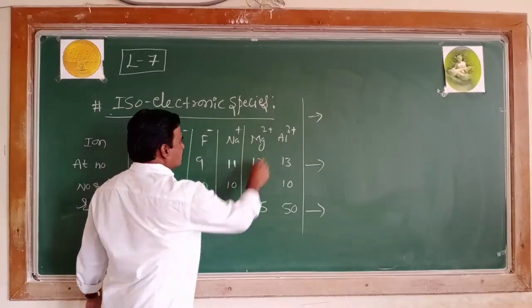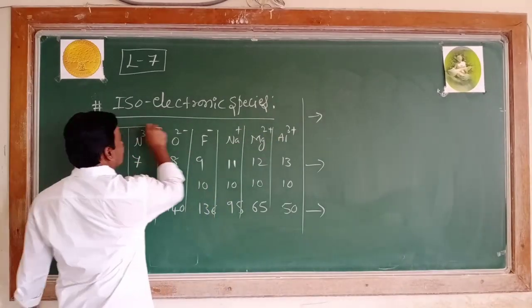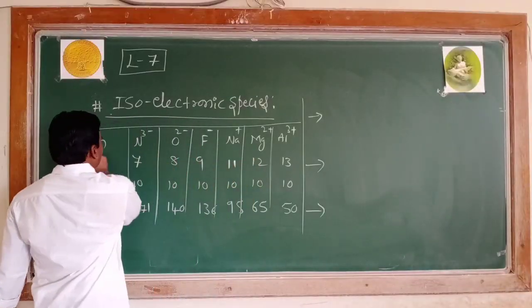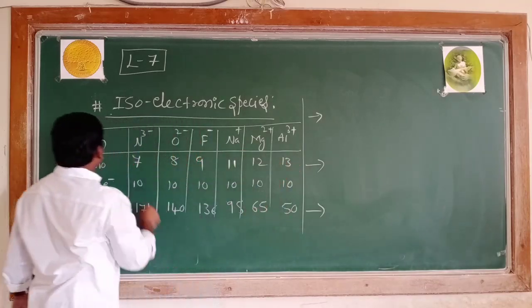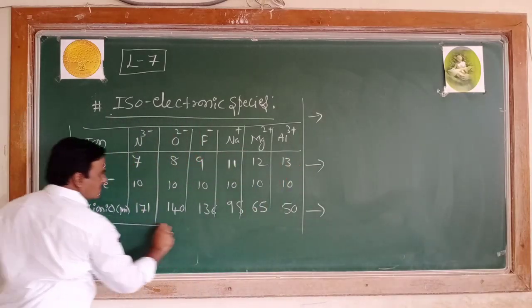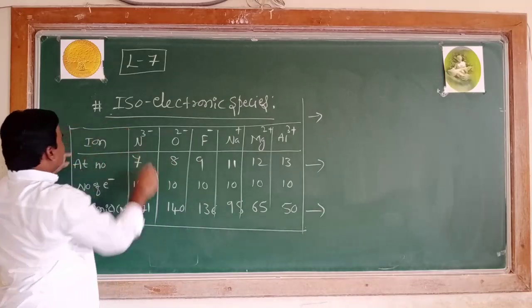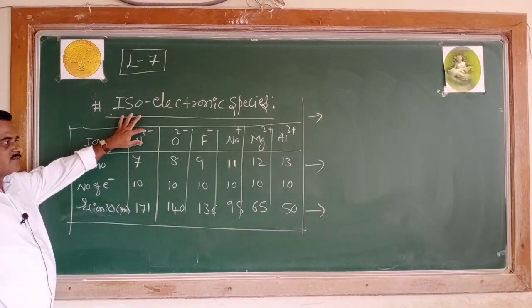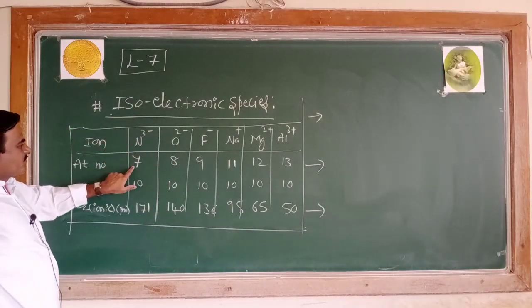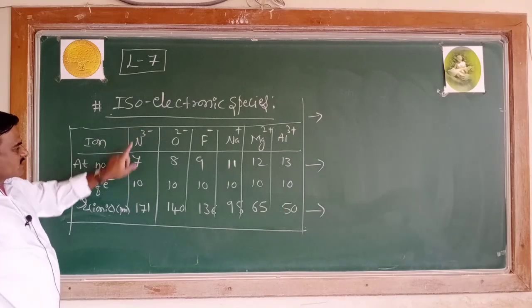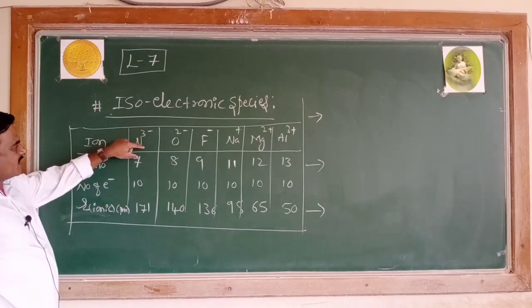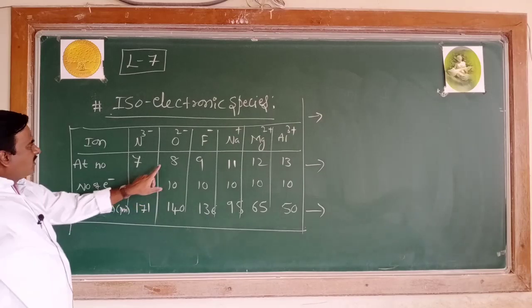Let's look over the elements. Ions were taken. Nitride ion, N3 minus, atomic number 7, 3 minus, number of electrons 7 plus 3, 10.